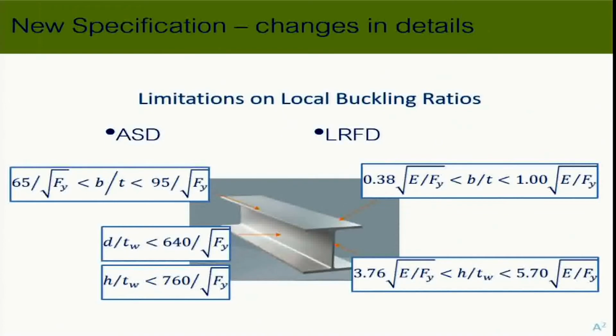So you see, for those of you who are familiar with ASD 89, you're gonna see the form like this, and it's horrible because what unit is that? Foot, Pascal, kilogram per square centimeter? I don't know. But finally they got smart and then they removed the Young's modulus.